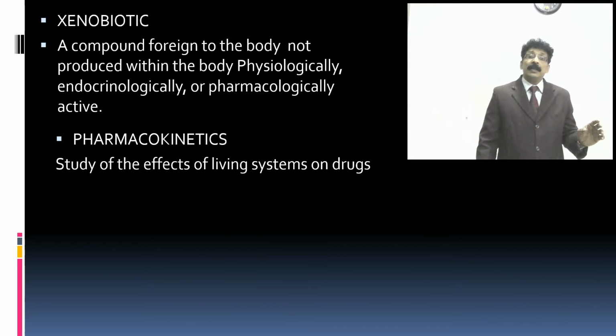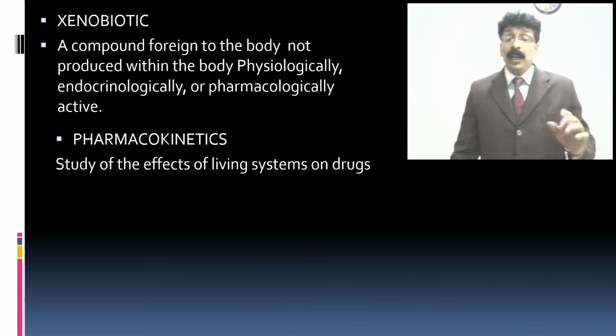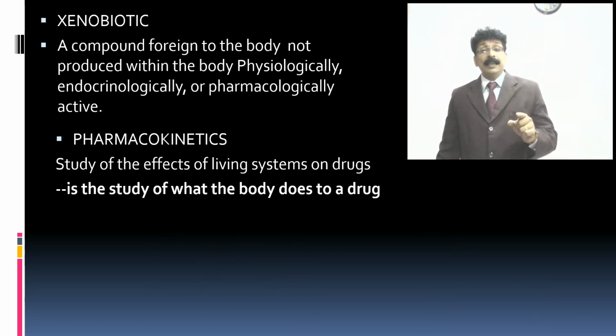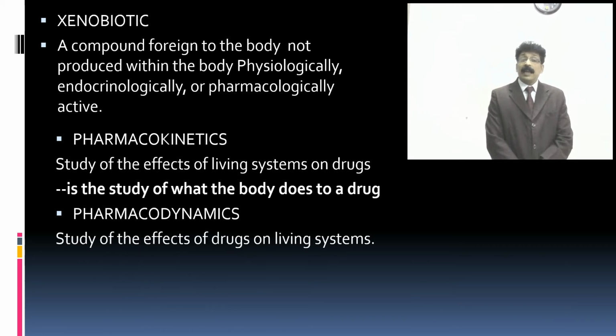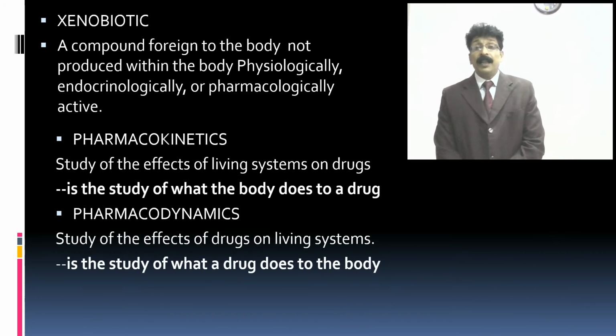The study of the effect of the living system on drugs. It is a study of what the body does to the drug. Pharmacodynamics, a study of the effect of drugs on living systems, is a study of what the drug does to the body.